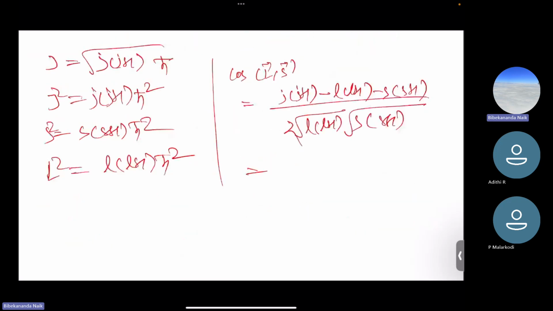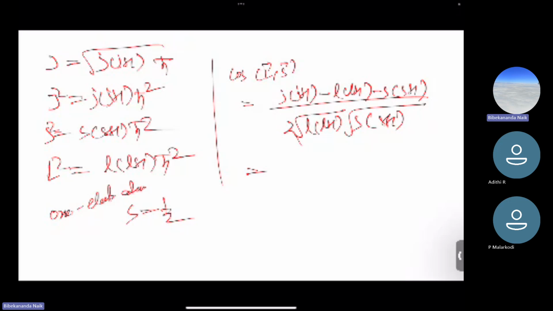For one electron, S is half, and d means L equals 2, since s, p, d.